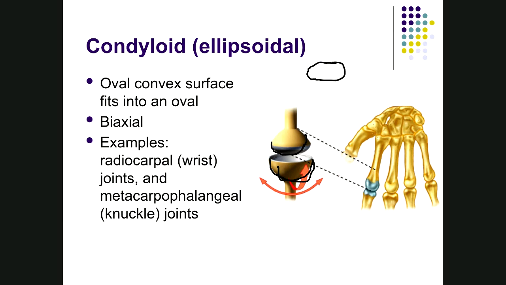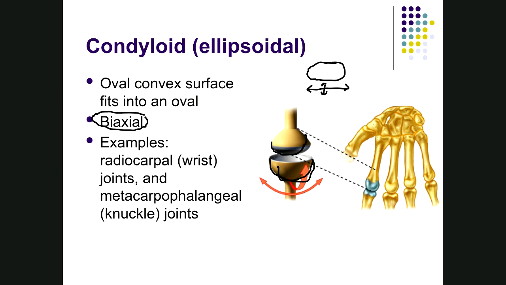And because of this shape, when it moves, you get movements in two directions. But one direction is wider than the other. You get bigger movement in one direction and smaller movement in another. But there's two directions, so it's biaxial.